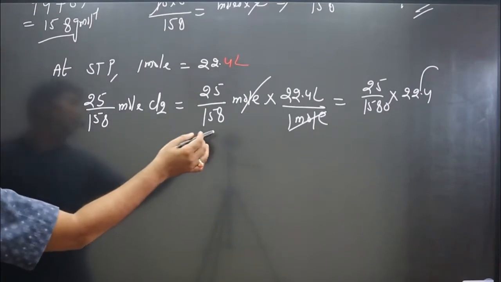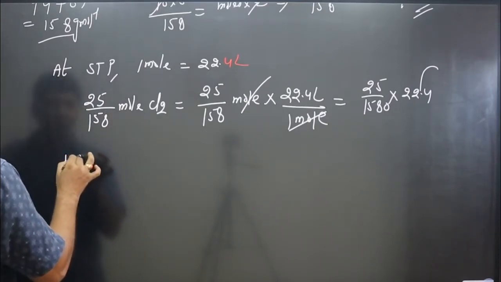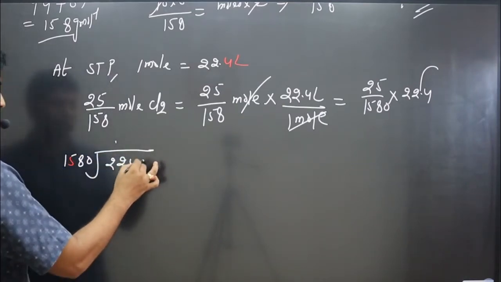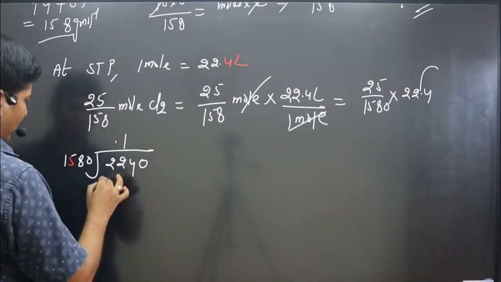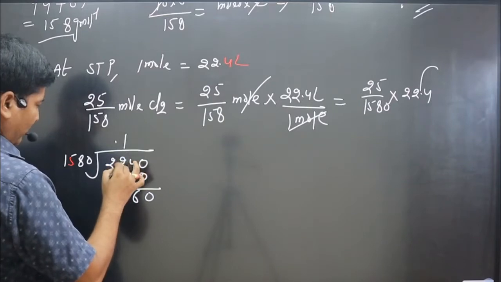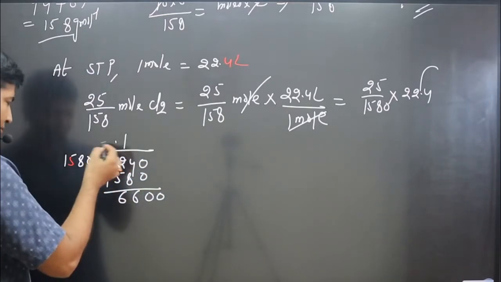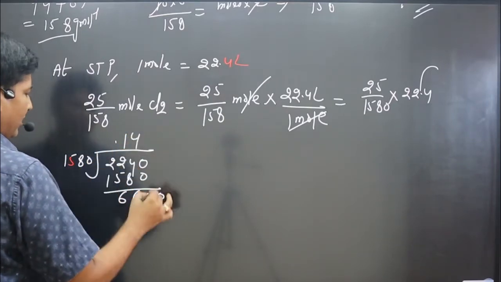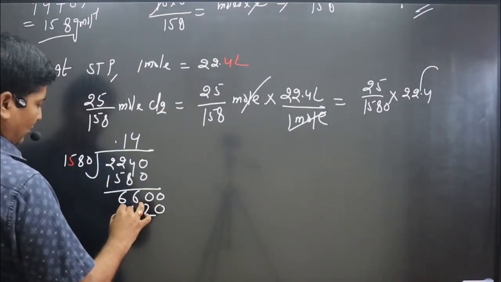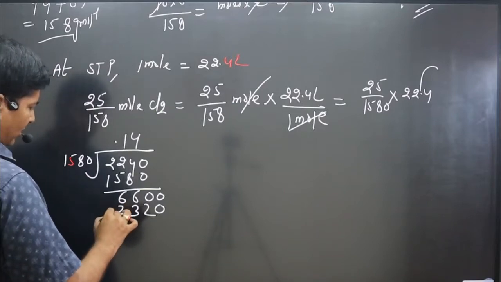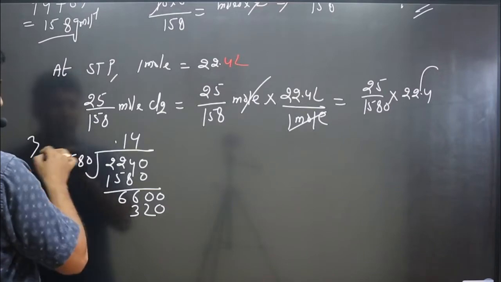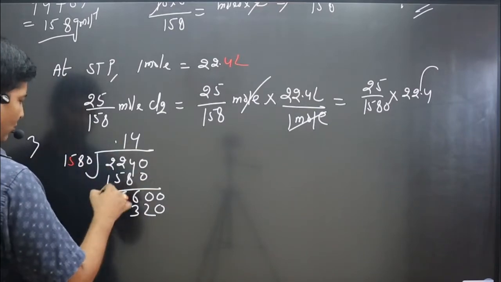So we have 1580 divided by 224. The decimal 0 will come here, and then dividing, 4 8 32, 4 5 20, 23, 4 2 6.